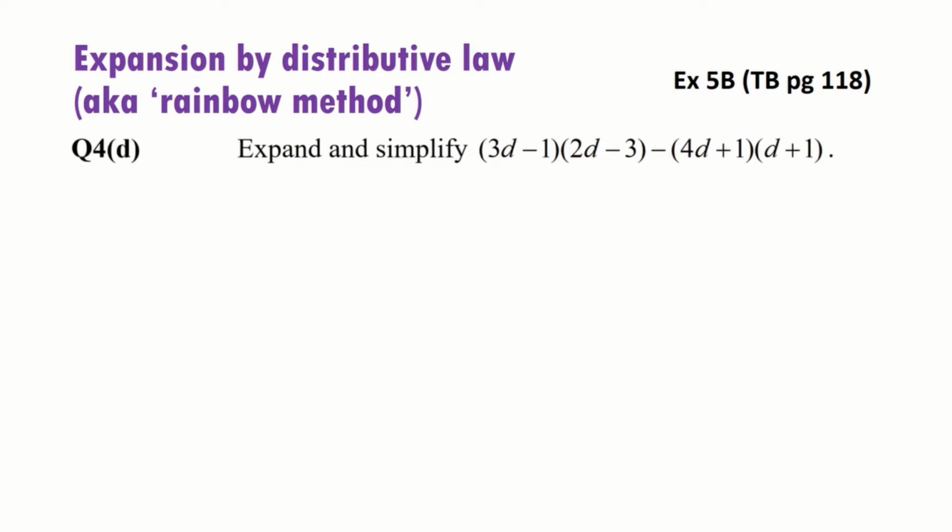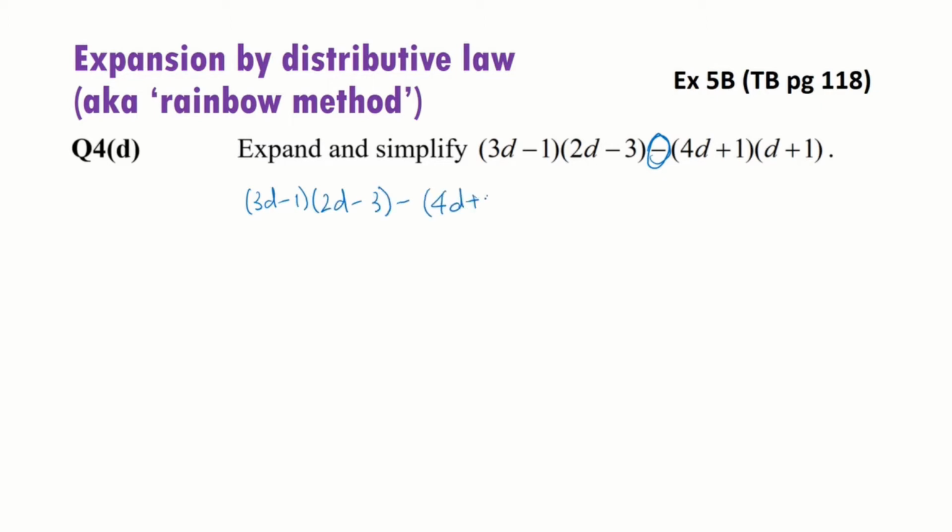For question 4d, in expanding and simplifying this question, the common mistake that applied in question 3b happened, and the reason is the minus sign outside here. So the same thing must still apply when we do our expansion for this question.